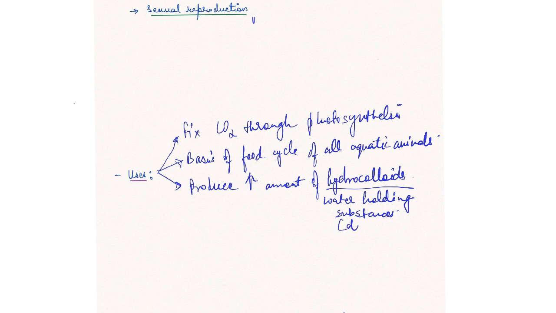For example, algin. Algae like these produce a very high amount of hydrocolloid. These hydrocolloids are water holding substances, so they are also used commercially.